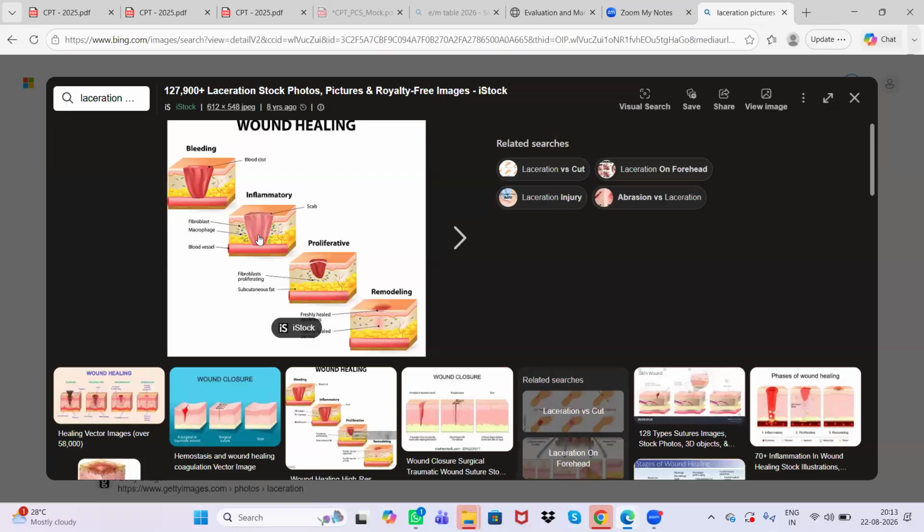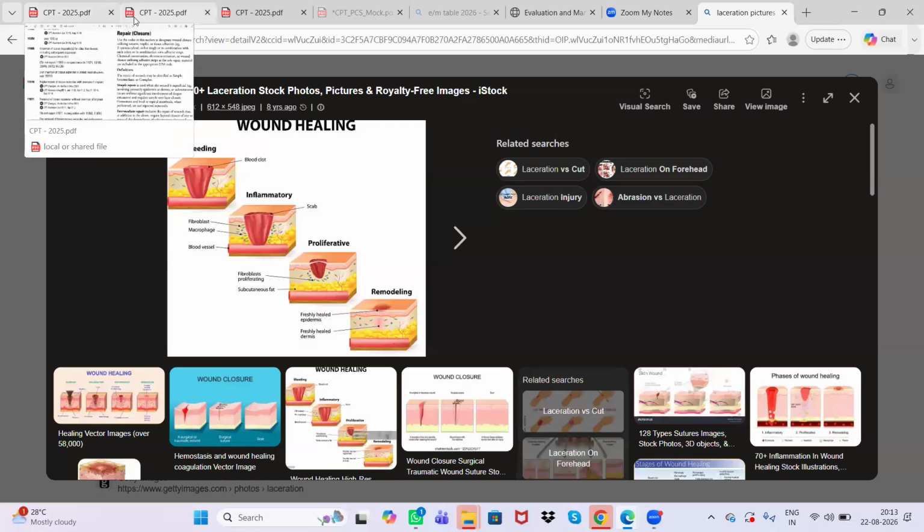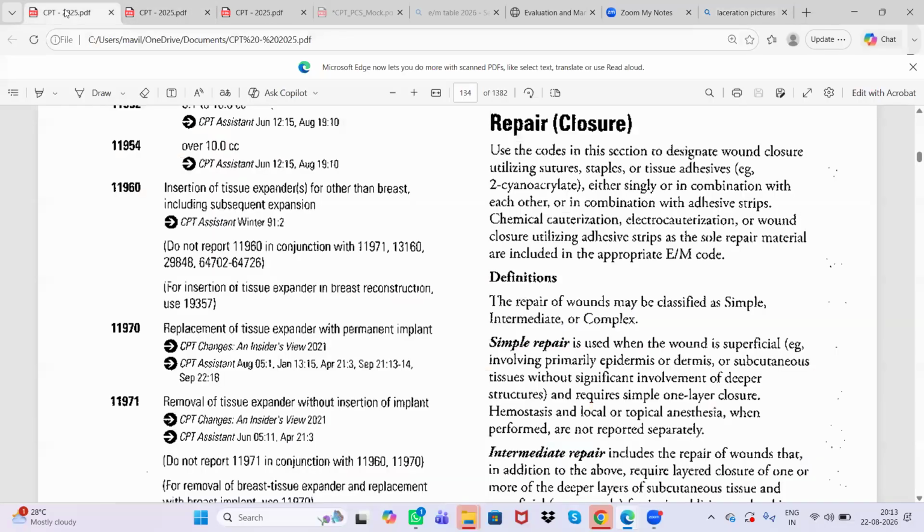In order to close this, the provider will use different methods, primarily sutures, staples, or tissue adhesives. These are the methods the provider will use to close the deeper cuts. That will be considered under the repair.